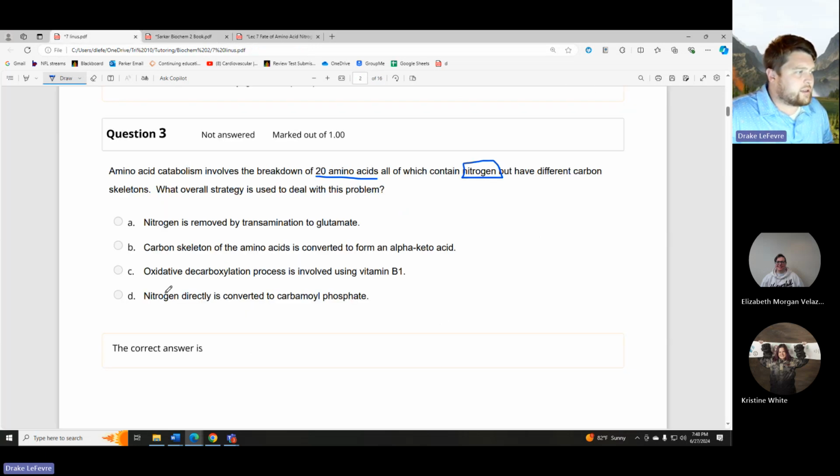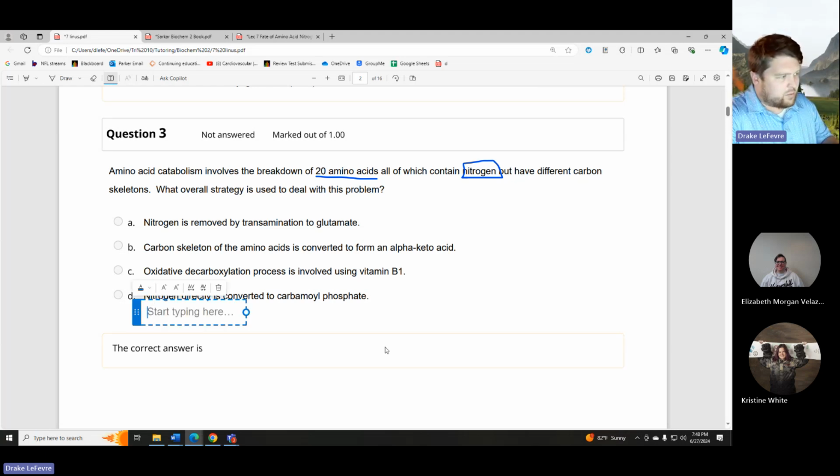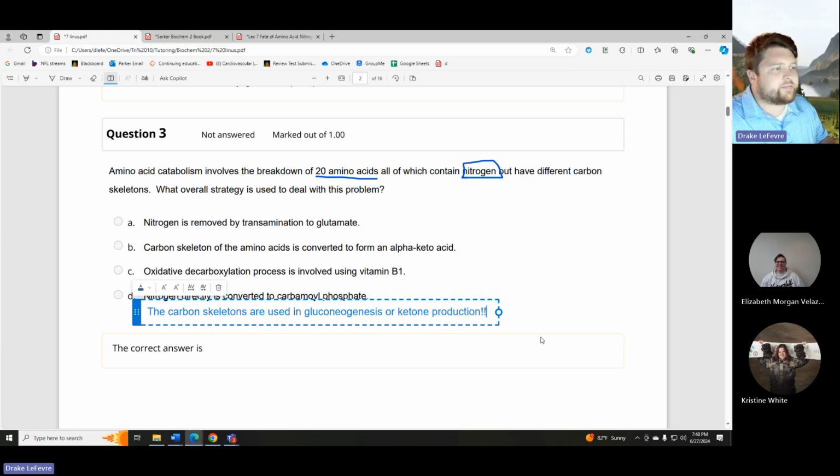So when we look through these answer choices, personally, the way that this question is asked, it looks like it's more focused on the carbon skeletons. I think a better answer would be the carbon skeletons are used in gluconeogenesis or ketone production. That's a potential answer.